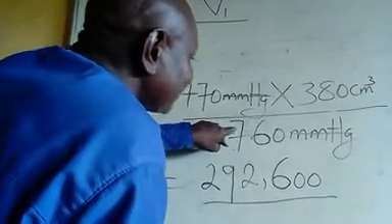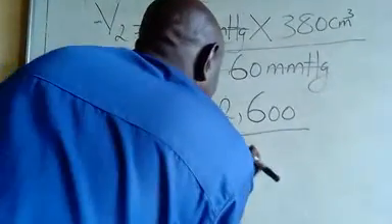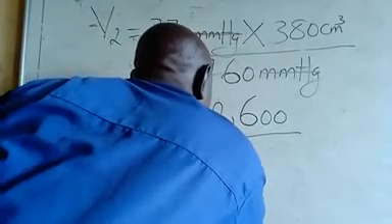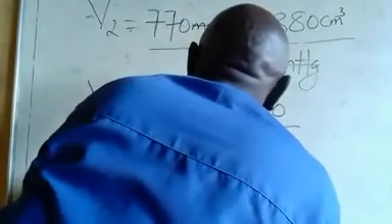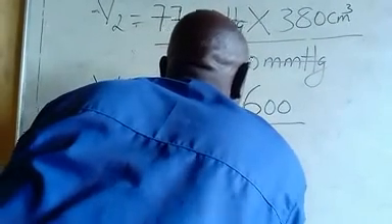Our P2 is 760. You write it underneath. Okay?